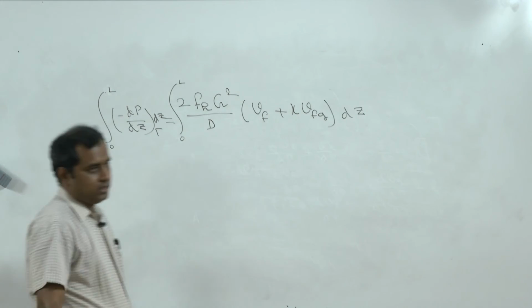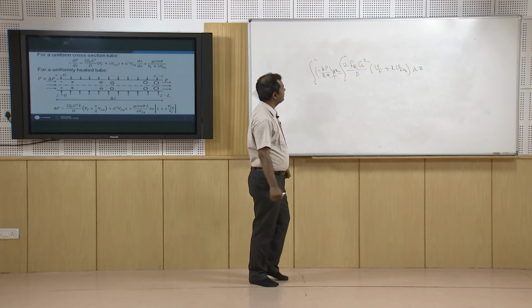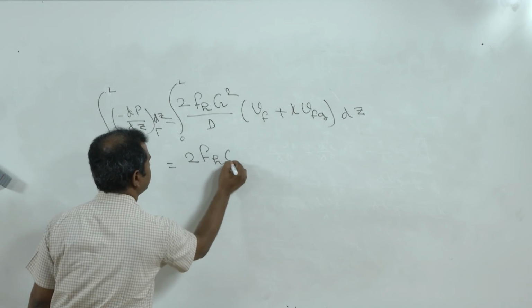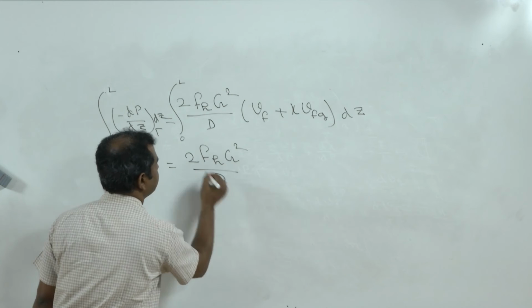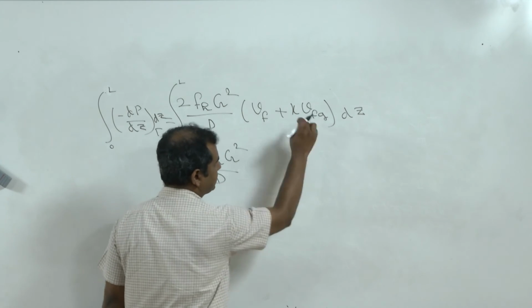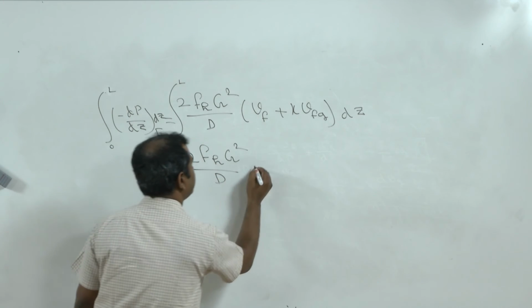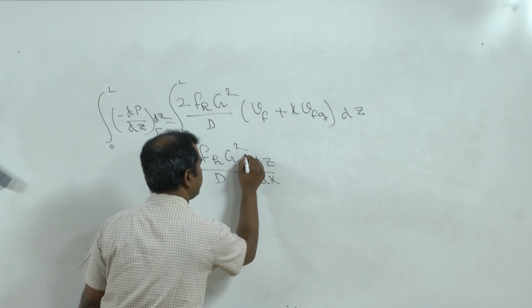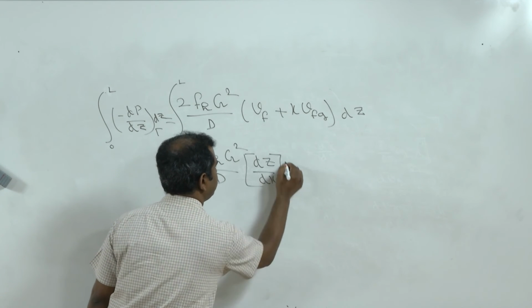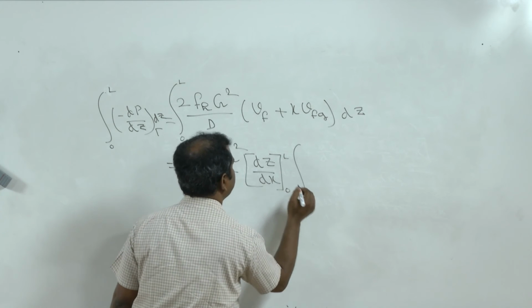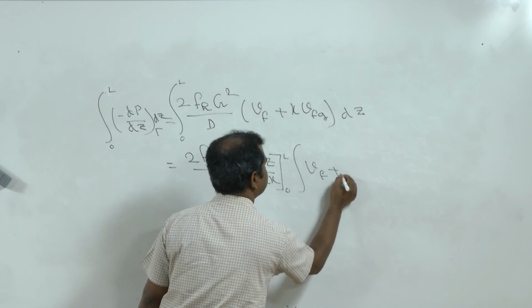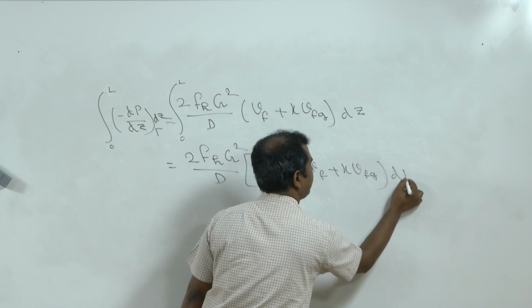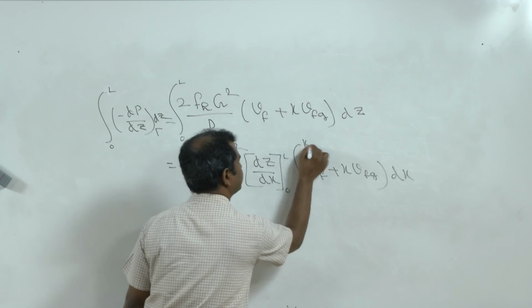Right. If I try to integrate, a few terms will be coming out quickly. So, G square by d can come out. Now, here we are having a function of x. So, dz by dx we can take out with the limit 0 to L, and here we can keep the integration with respect to x, and the limits will be from 0 to x. Right.